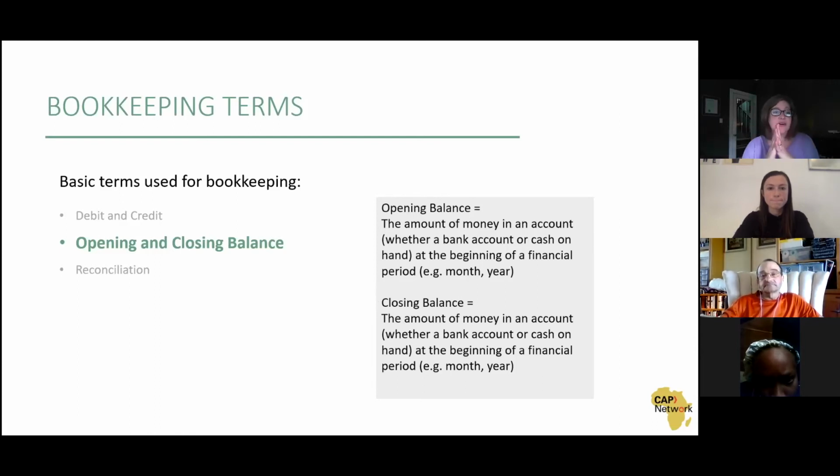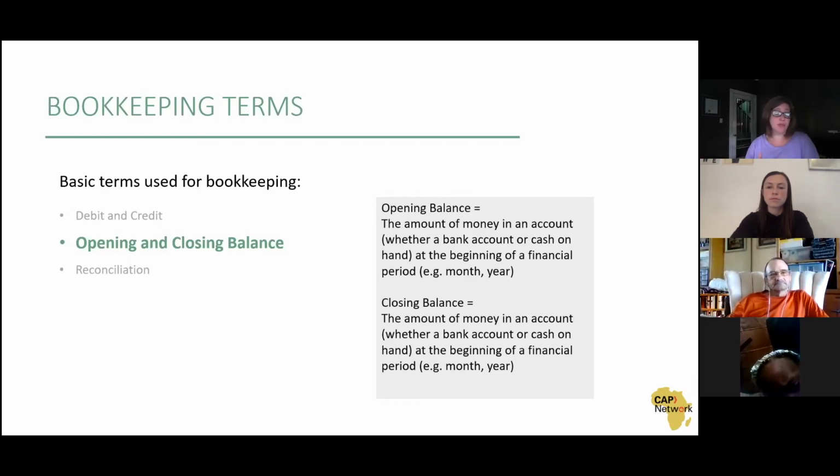So what that shows is that any transactions that happen in that financial period, whether it's a month, a quarter, or a year, are accounted for, and then the closing balance is what you have left at the end. This is something you might be reporting to, say, a board of directors if you're a registered organization.